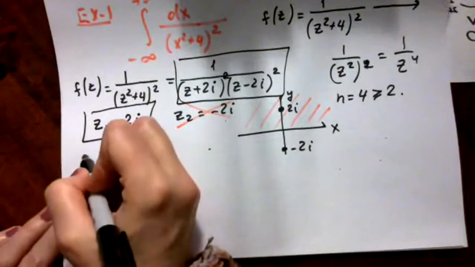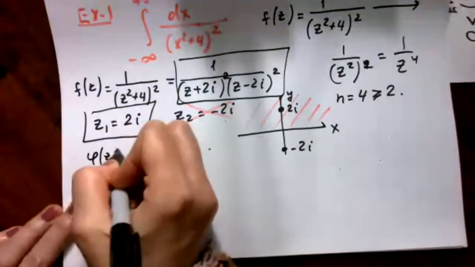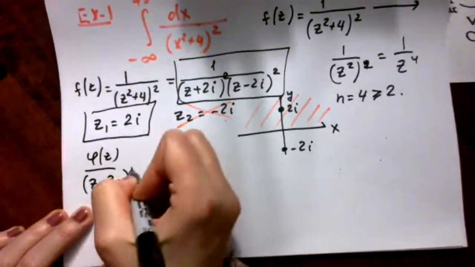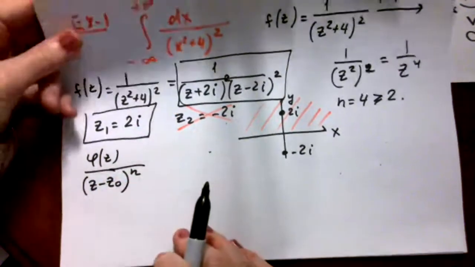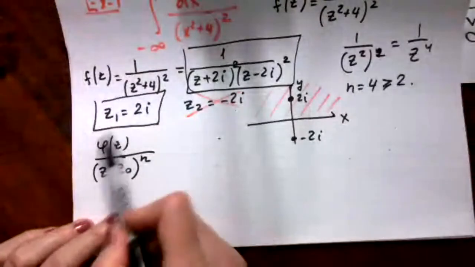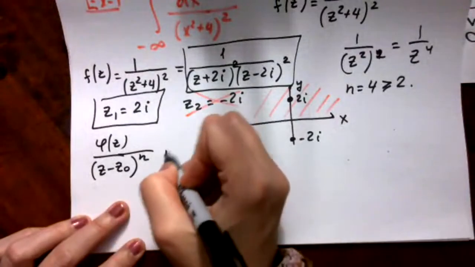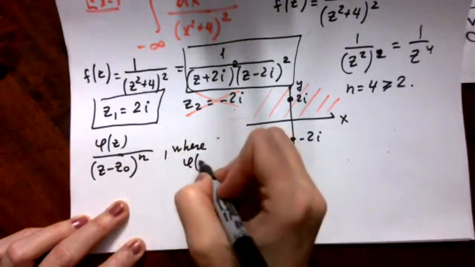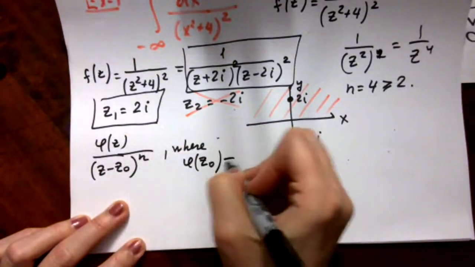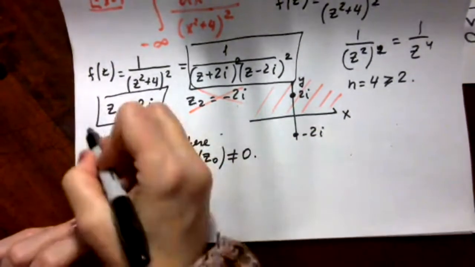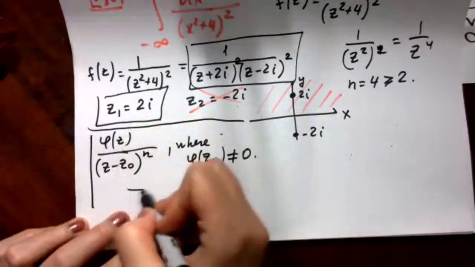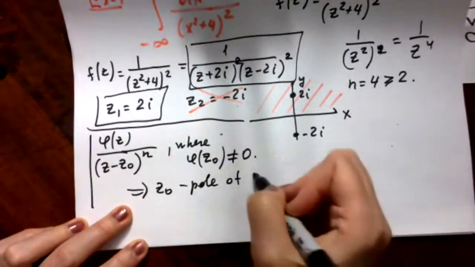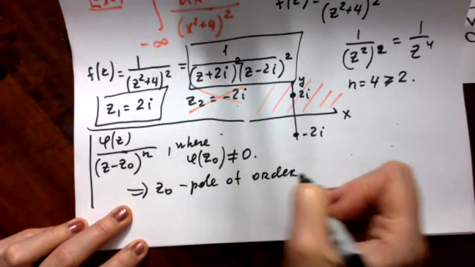Let me remind you of this method 2. According to this method, you should look at the function as being in this form. If you notice that your function looks like this, where the necessary condition is that phi, the numerator, at the point 0 is not equal to 0, then you can make a conclusion that this 0 is a pole of order m.